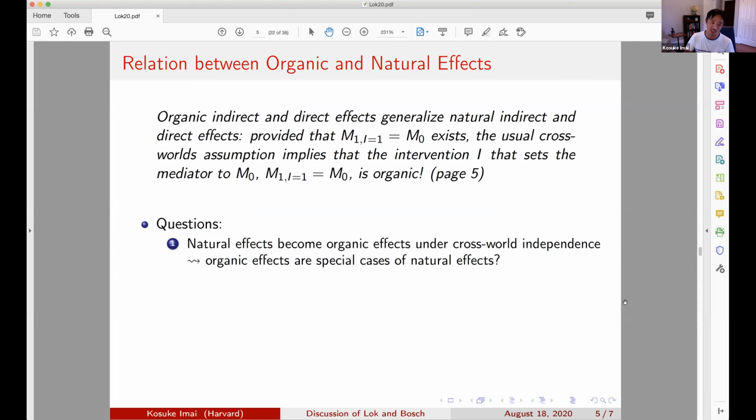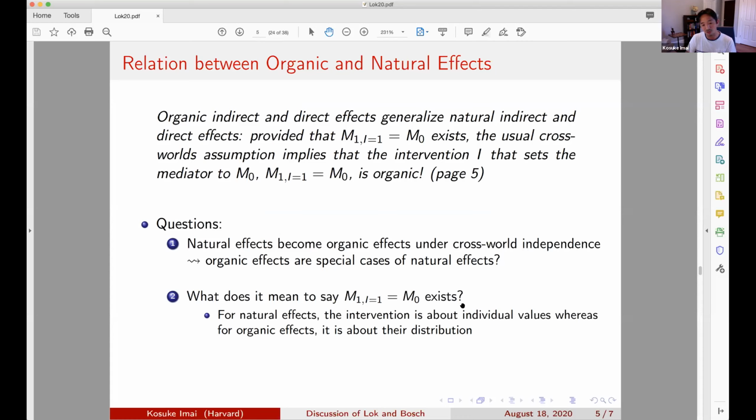So it is almost as if organic effects are special cases of natural effects. More importantly, I wonder what it means to say that M1 under the stochastic intervention equals M0 exists. So to me, for natural effects, the intervention is about individual values, like you said, setting individual values. Whereas for organic effects, it's about their distribution.